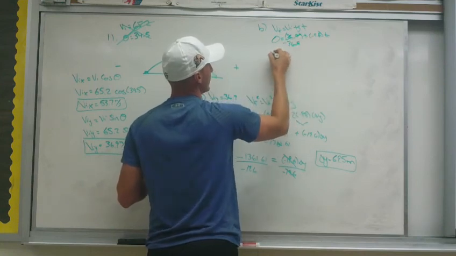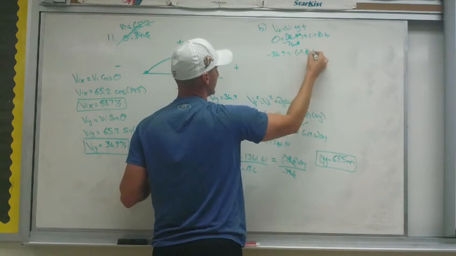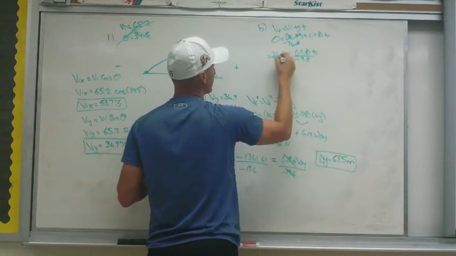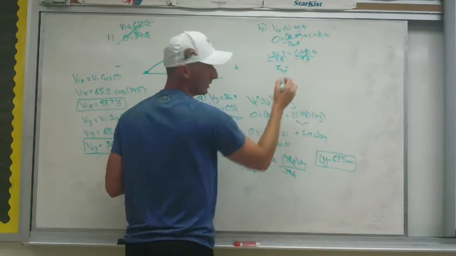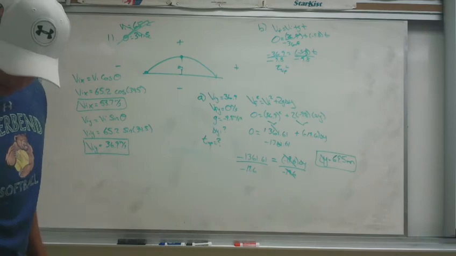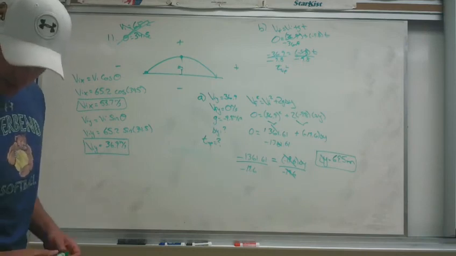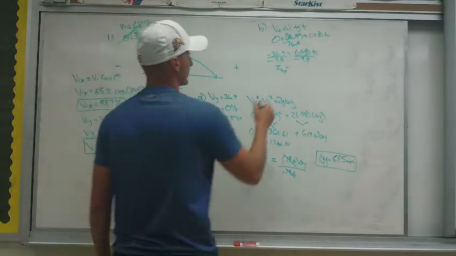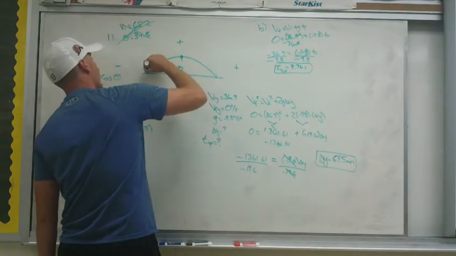Subtract 36.9. I get negative 36.9 equals negative 9.8 T. Divide by negative 9.8. T, that's time up, equals 36.9 divided by 9.8, and I get 3.76 seconds. So on my drawing, I piece it together.